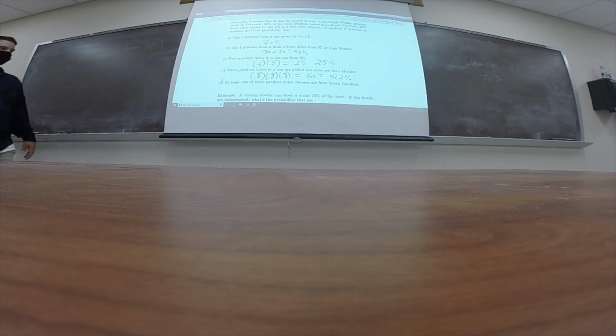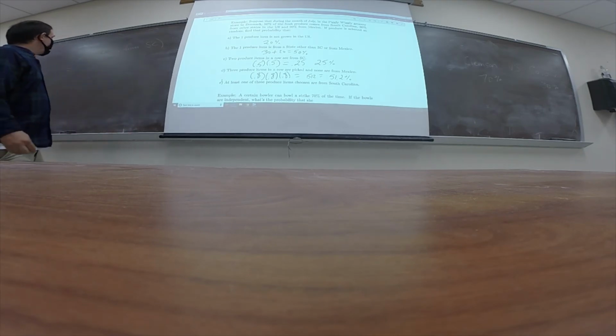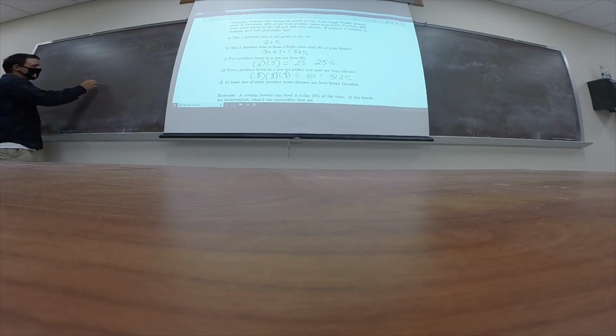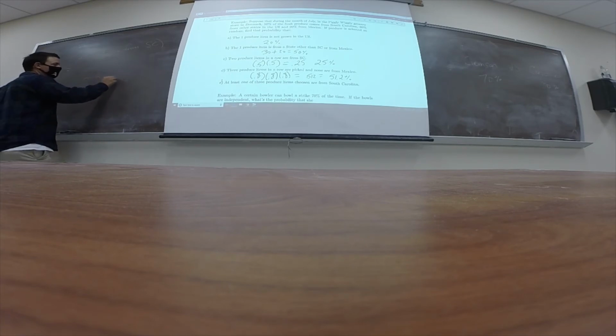If I'm looking at all combinations, I have to look at the combination where the first one's from South Carolina, the next 2 aren't. The first one's not from South Carolina, the next one is. But on top of that, I could choose the first one's from South Carolina, the next one's from another state, and this one's from Mexico.